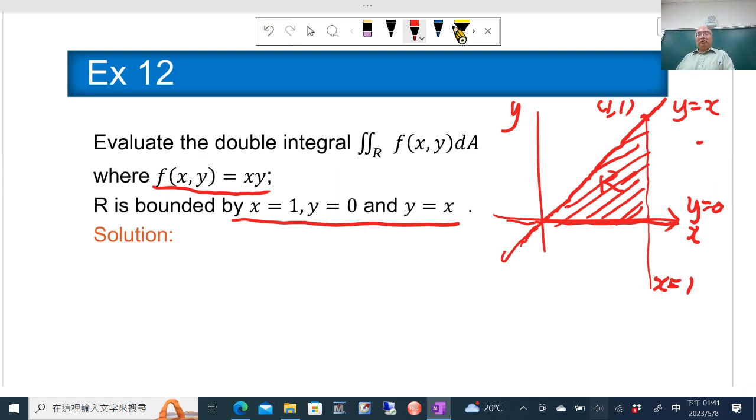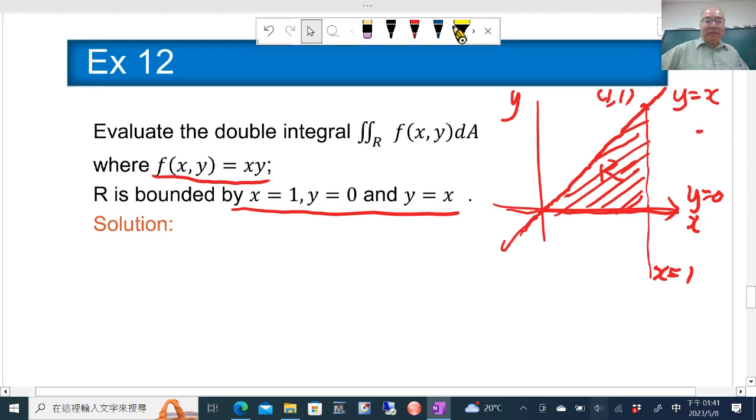Now it's an option which order you are going to use for the iterative integration. It might be easier to use dy dx, so let me find the integral in the order dy dx.